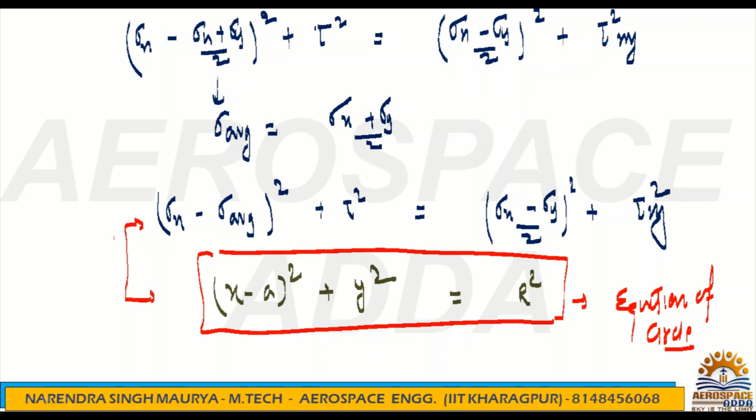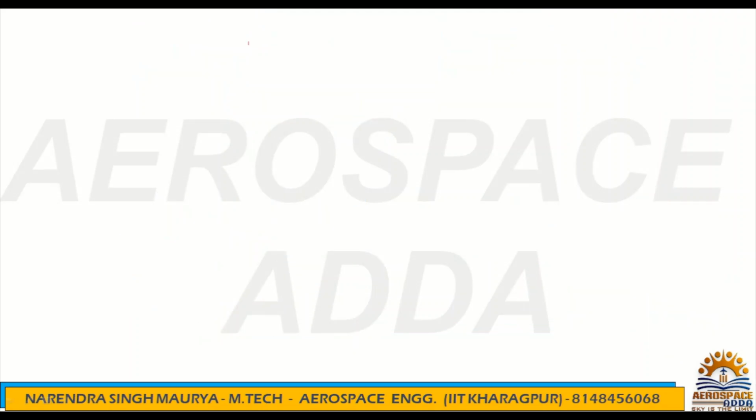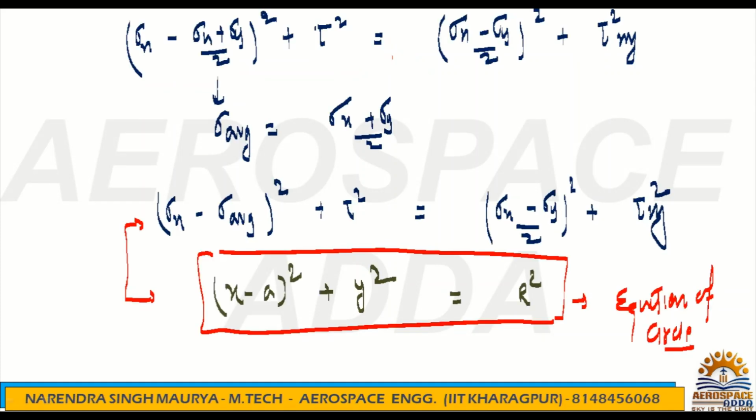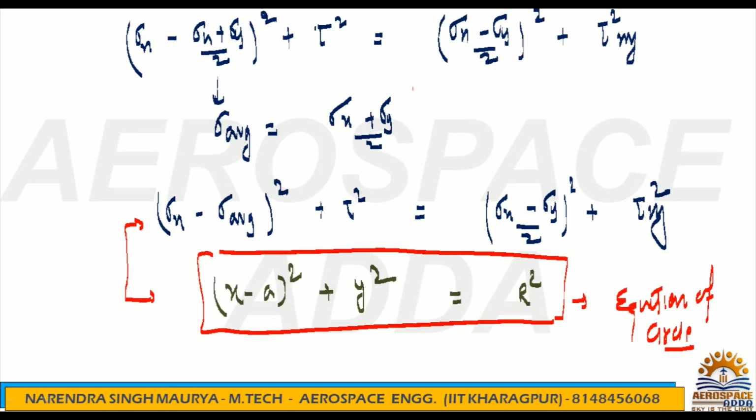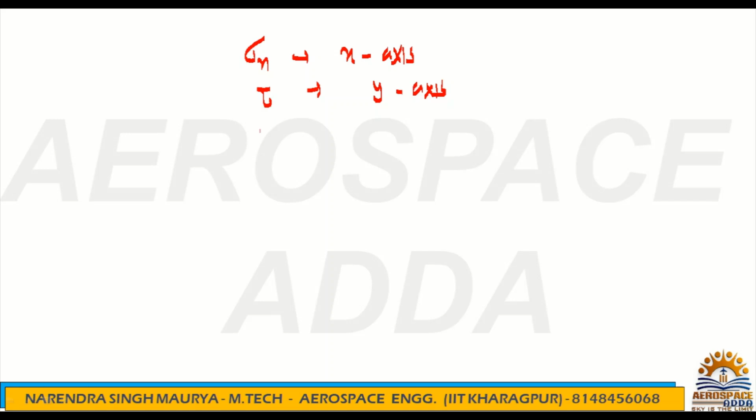You just compare it. So σn you are going to draw on the x axis, τ you are going to draw on the y axis. σ average is a constant, and it will be used for the center. That is one thing.